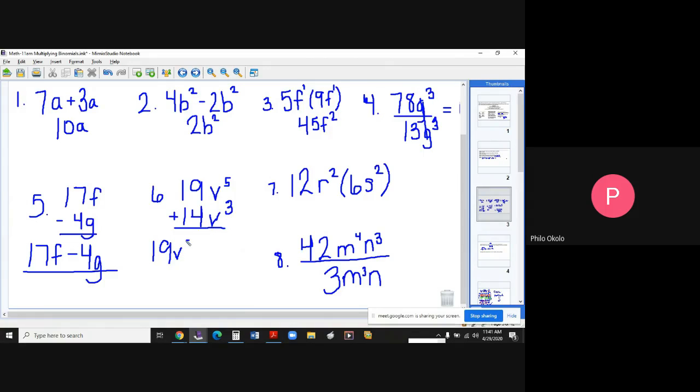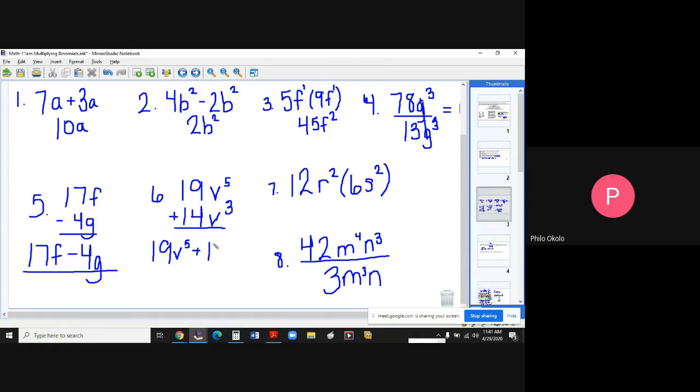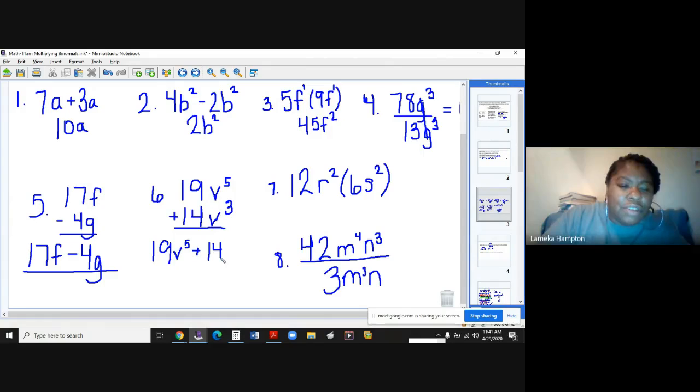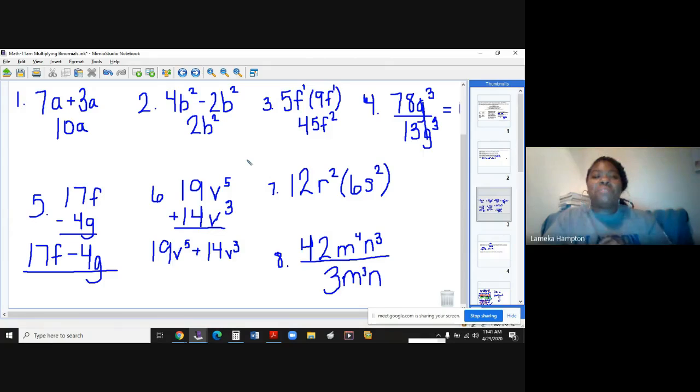In number 6? Yes. Why? Because I have unlike terms. Now I have the same letter, but I have a different exponent. So remember, everything has to match.